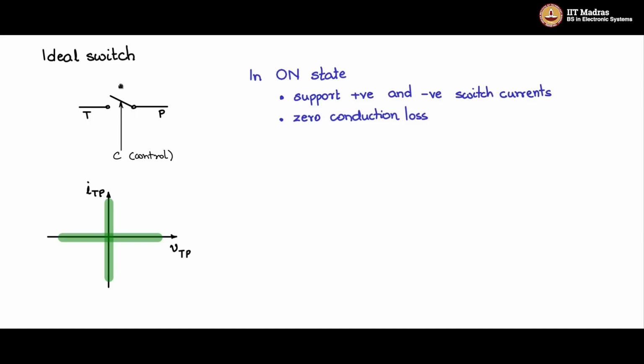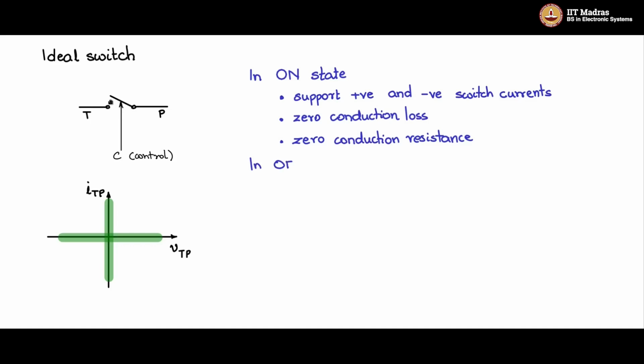So one of the characteristics of an ideal switch is that when the switch is on, there is no power loss in it. As a corollary, you have zero conduction resistance. So when the switch is on, the switch resistance is zero, and therefore the drop across the switch is zero, and therefore the conduction loss is also zero.